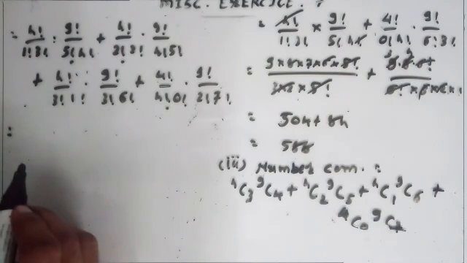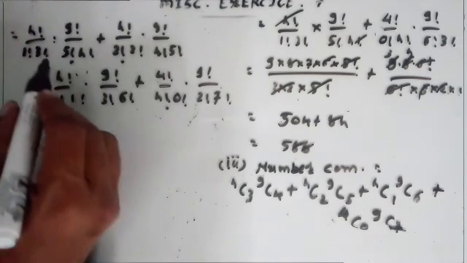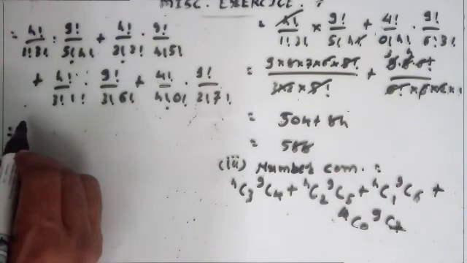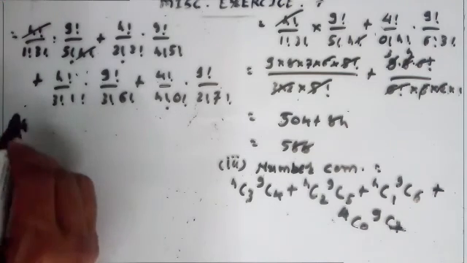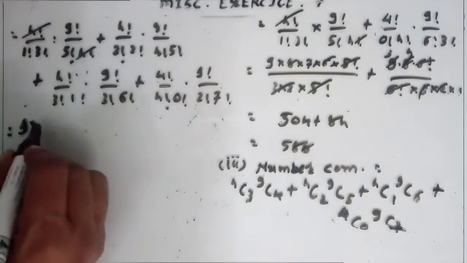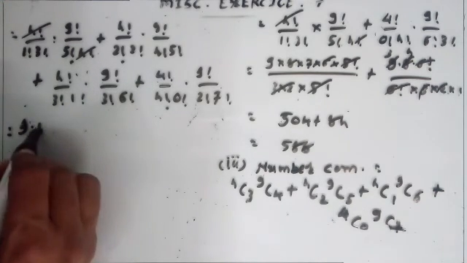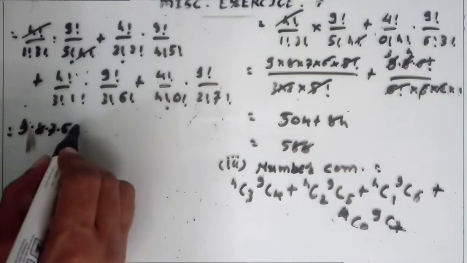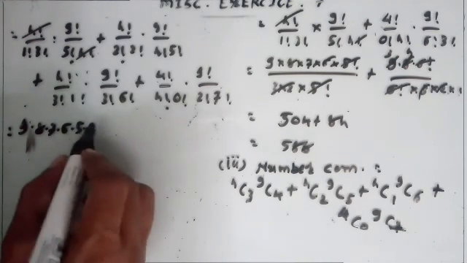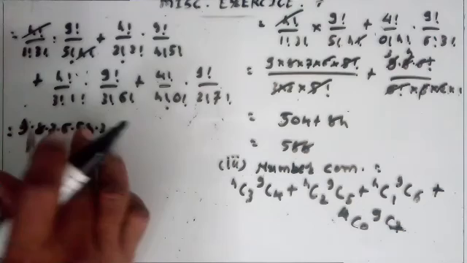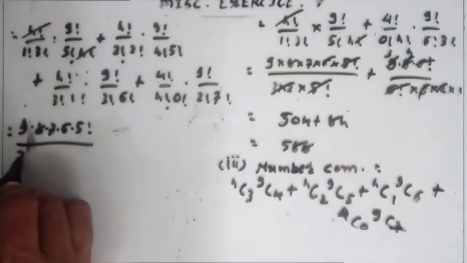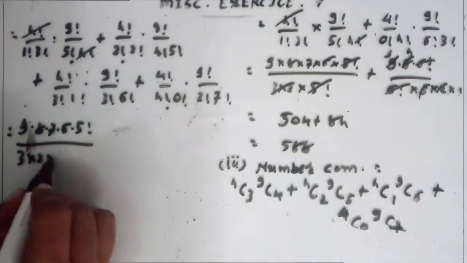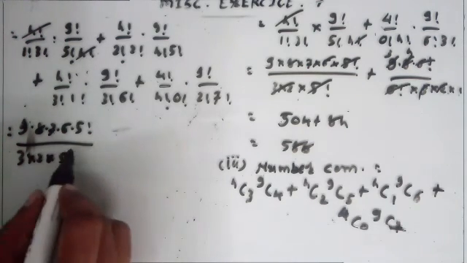So now simplify this. First remove the 4 factorial from both, they cancel. 9 factorial is 9 into 8 into 7 into 6 into 5 into 4 into 3, write it up to 5 factorial because 5 factorial is already given, upon 3 factorial, that is 3 into 2 into 1, into 5 factorial. Here 5 factorial cancels from both.